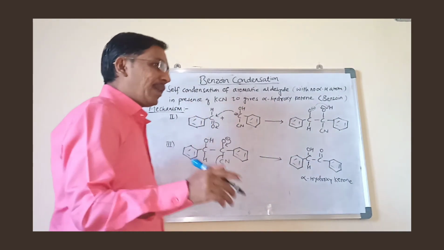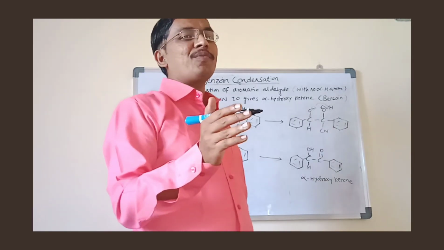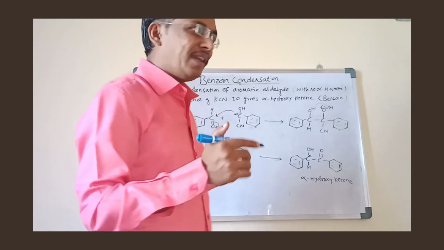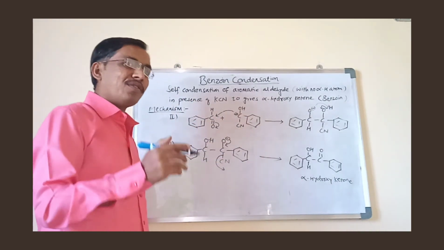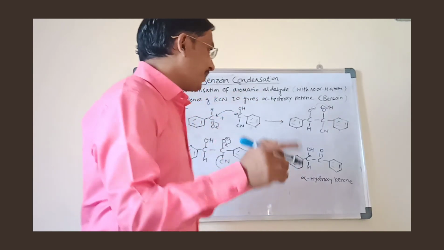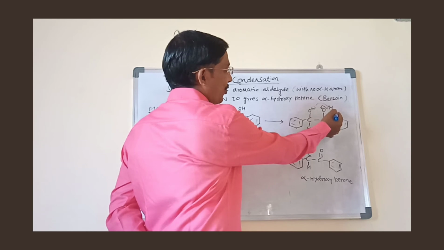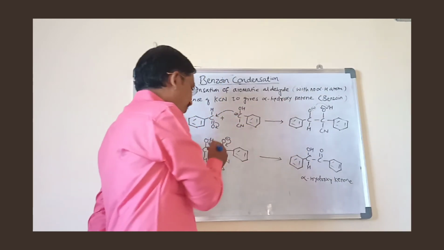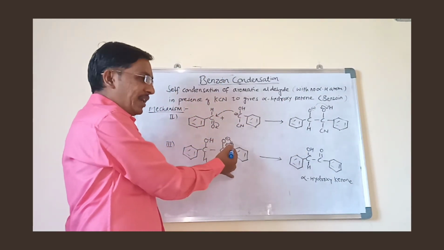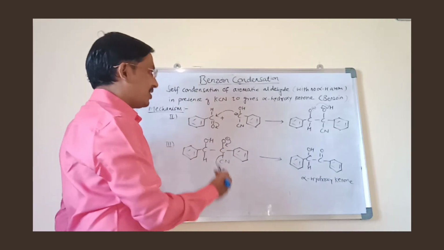Then the carbanion generated in that step will attack the carbonyl carbon of the other aromatic aldehyde. Then we'll get the oxide ion. That oxide ion abstracts a further proton from the OH group, the more acidic proton. Once it abstracts the proton, the negative charge forms the double bond and there will be loss of CN minus, which is a good leaving group.